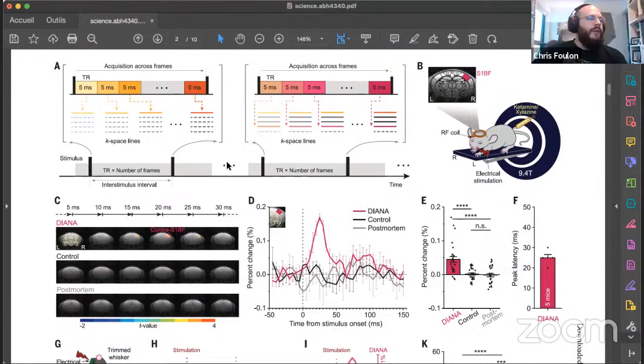Over several, so you could imagine repeating this for different slices and getting at the end a 3D scan. Exactly. It would probably be very difficult to do the whole brain like that. But if you're interested in a bigger region that doesn't fit on one slice, it might be possible on several slices. But that's super cool.